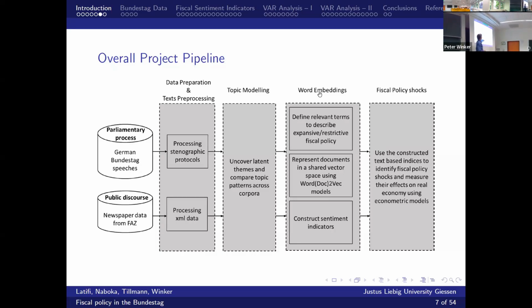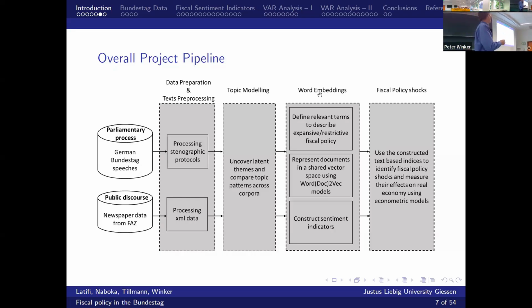Then there was the side story about identifying topics, for splitting out exogenous and endogenous things. Then we use a word embedding approach for the indicator itself. I don't know whether I should call it an established methodology, but we find some papers doing it the same way, not for fiscal policy, but for other purposes.